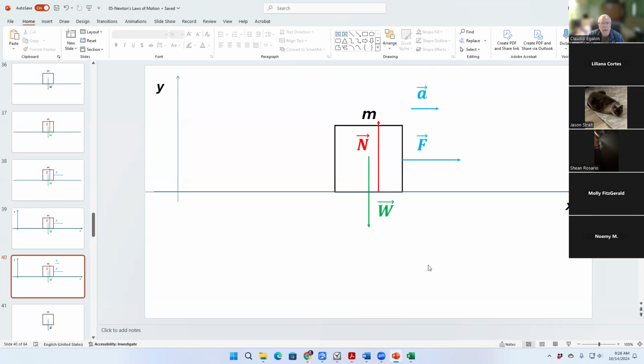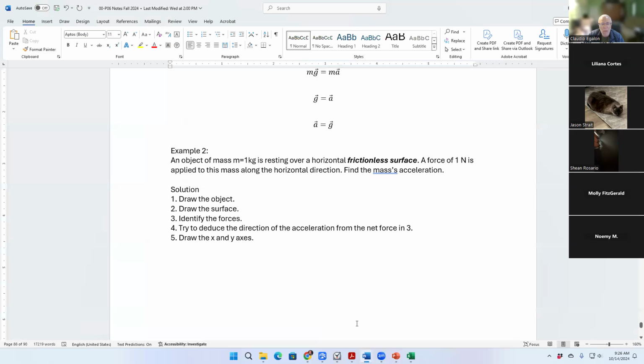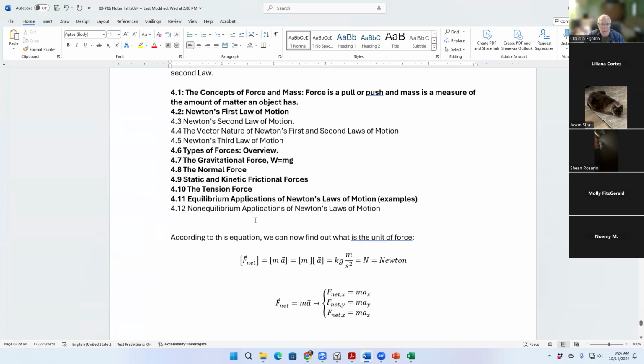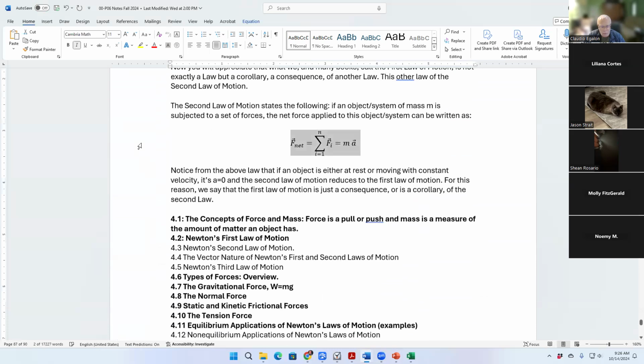And now we can go ahead and proceed with the solution of our problem. We identify the forces. There are only 3. The weight, the normal, and F. Let's get here. Here you go. I want this one here.